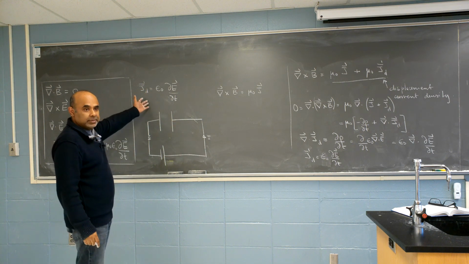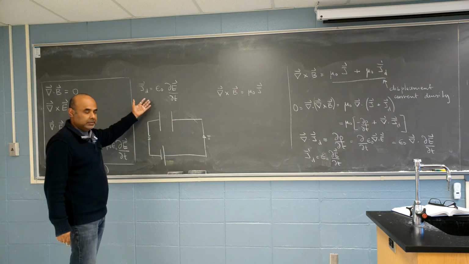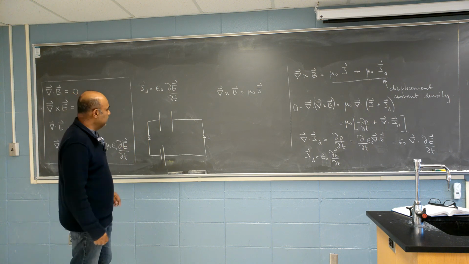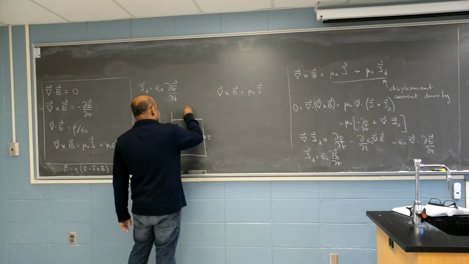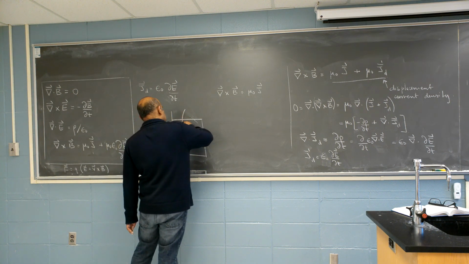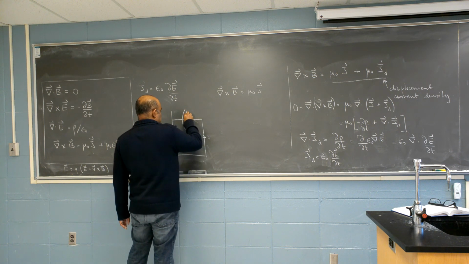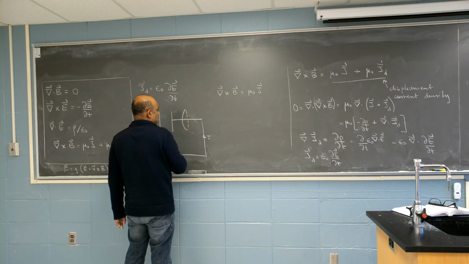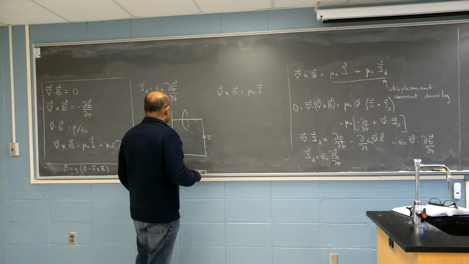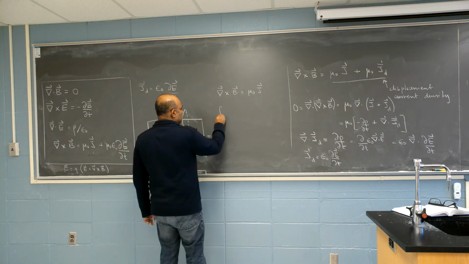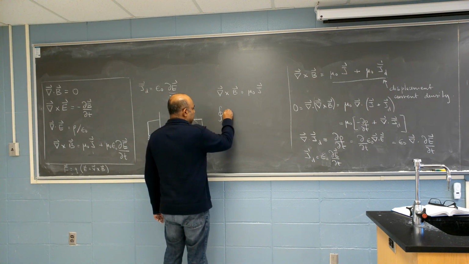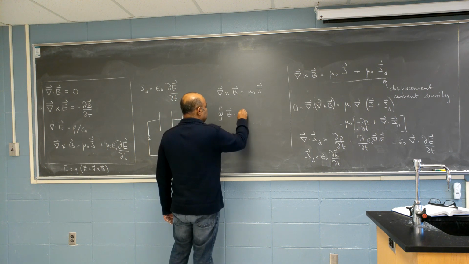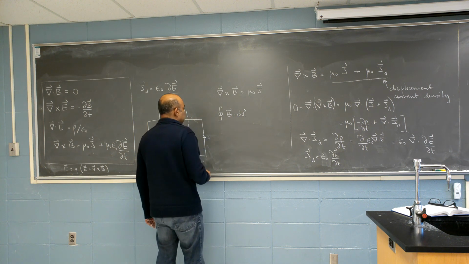Suppose this displacement current didn't exist. You will get an inconsistency. So I'm going to pick an Amperian loop, and then I do B dot dl. Well, where does B dot dl come from?